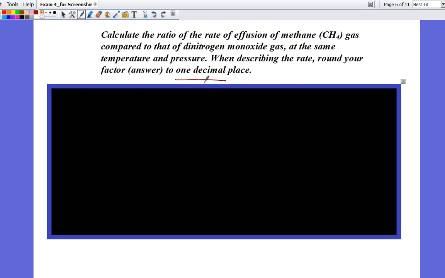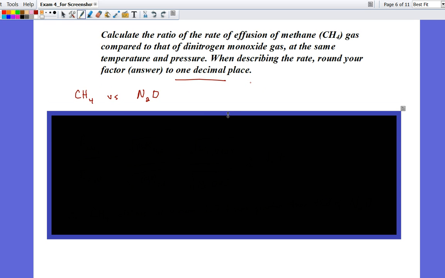The reason I underlined it there is because the first time I worked it, for some reason, I did it with the actual sig figs based on the molar mass, but then I realized that I had put 1 decimal place. So you're comparing methane to nitrous oxide here, N2O.